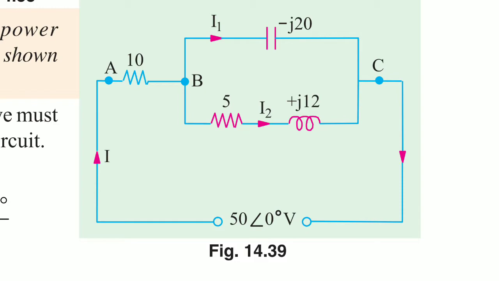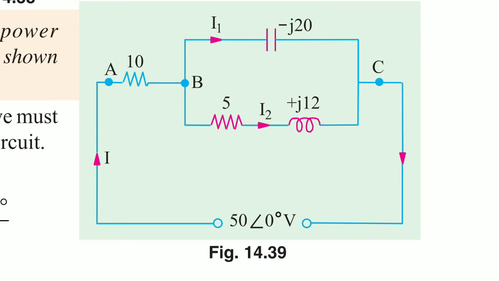In BC branches, in branch 1 the reactance is minus j20. In branch 2 the impedance is 5 plus j12. In branch 1 the current is I1, and in branch 2 the current is I2.